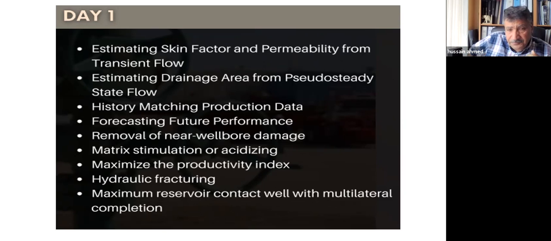So can I remove that, and how do I remove it? And can I monitor the performance after removing that? The stimulation by acidizing or fracturing, how they do it, I'm going to talk about it, to remove the formation factor or the formation damage.